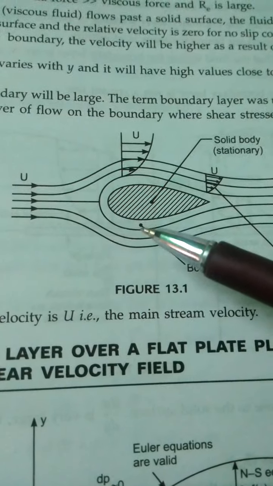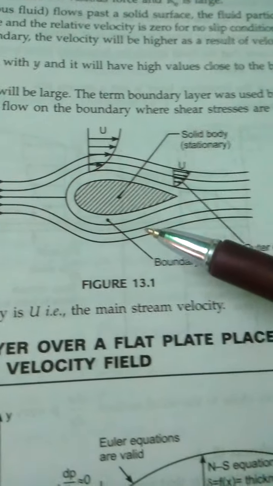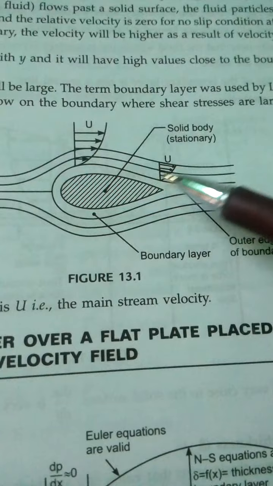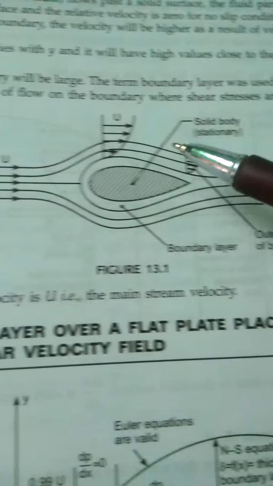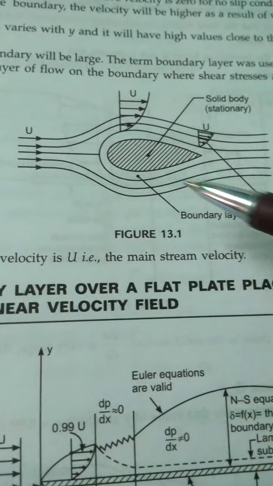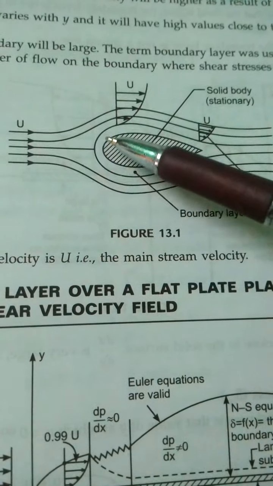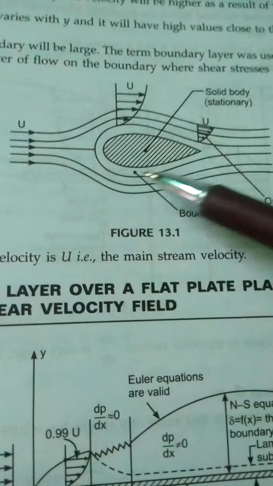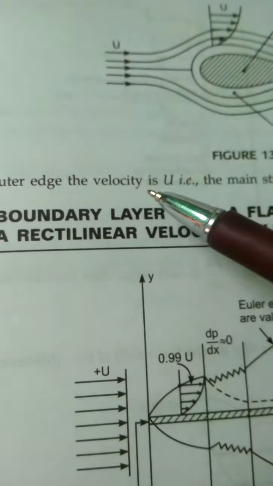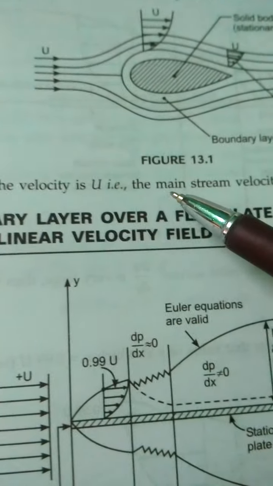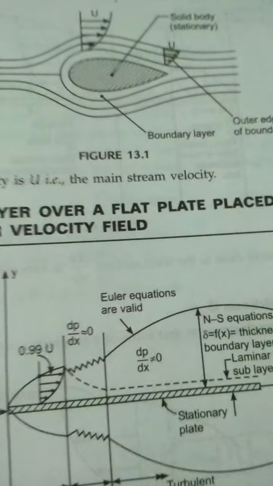This is the boundary layer, and this is the velocity profile, outer edge of the boundary. This is a solid body, I have told you. This is the boundary layer. At the outer edge, the velocity is U, that is the mainstream velocity.